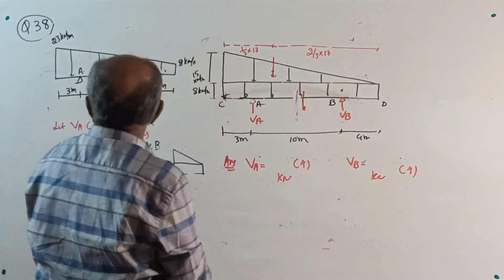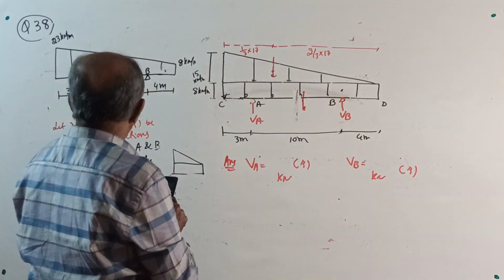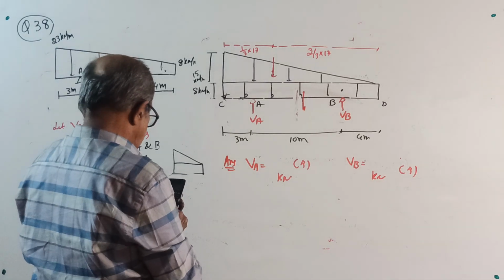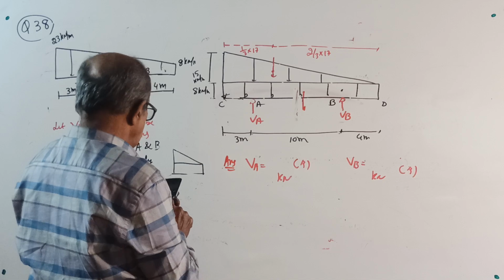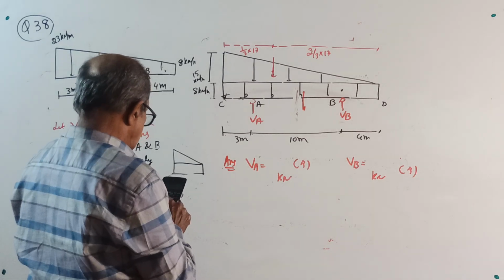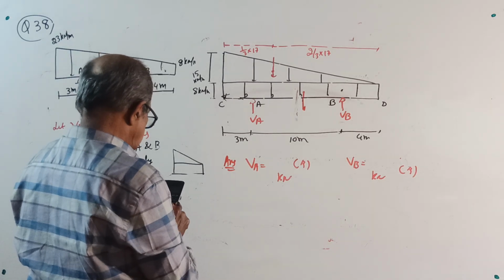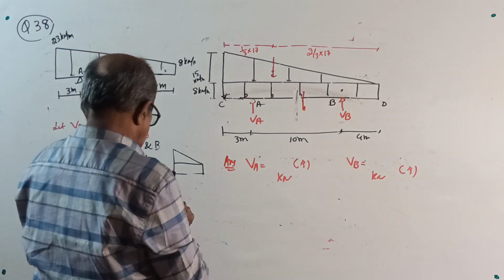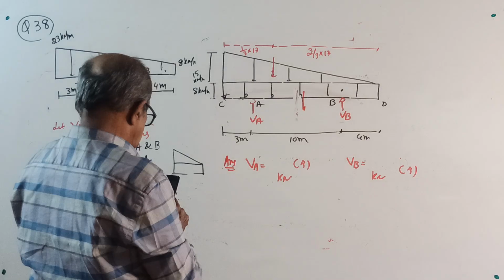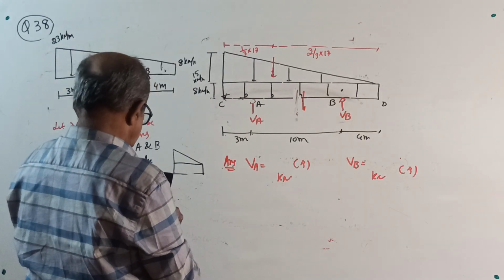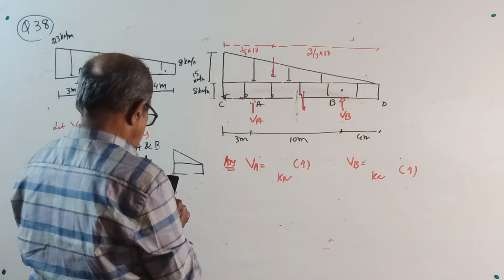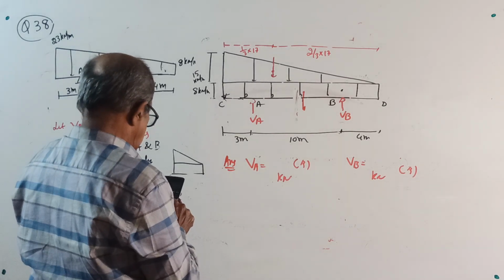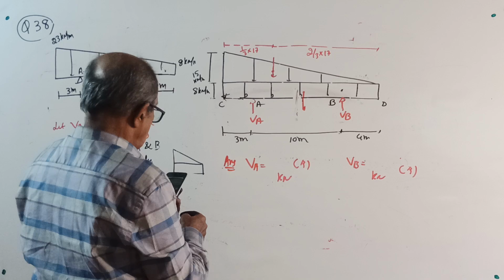If I do from this side, 23 plus twice of 18 divided by 23 plus 18 into 17 divided by 3 is the distance. From that one subtract 3, then multiply by 23 plus 8 divided by 2 into 17. Answer divided by 10.